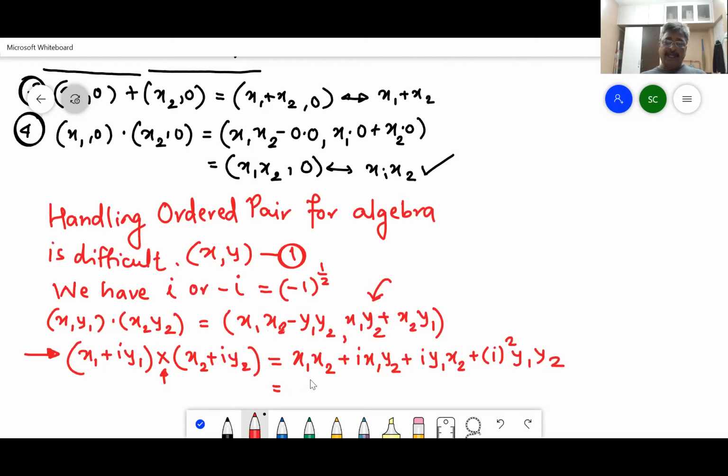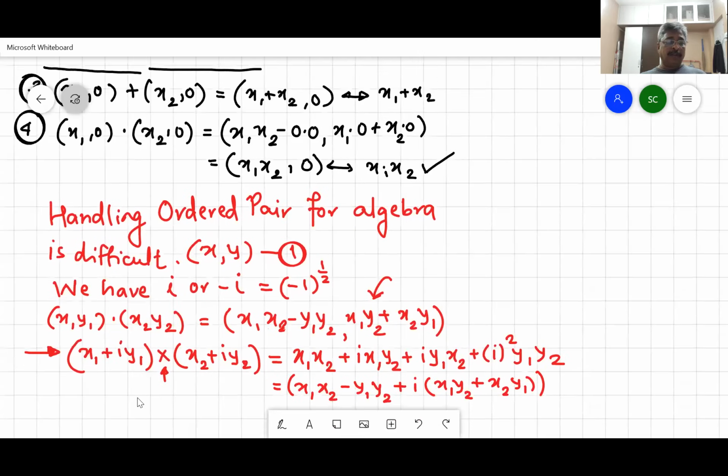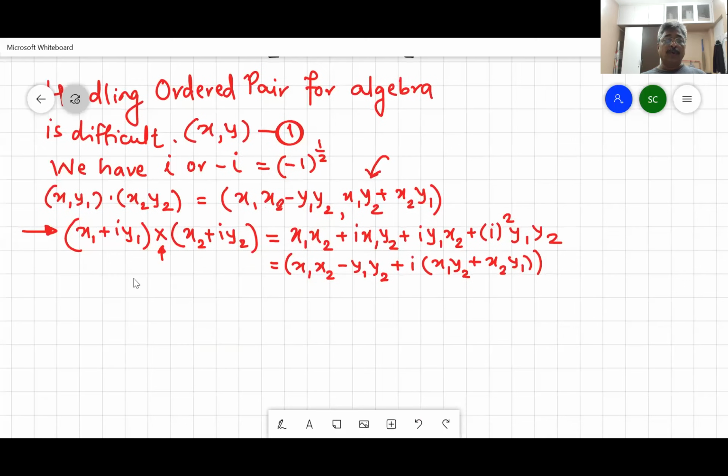Therefore, writing it again properly, x1 x2, and i square is minus 1, therefore minus y1 y2, plus i comes out common inside the bracket, x1 y2 plus x2 y1. This is our standard algebra that we do.